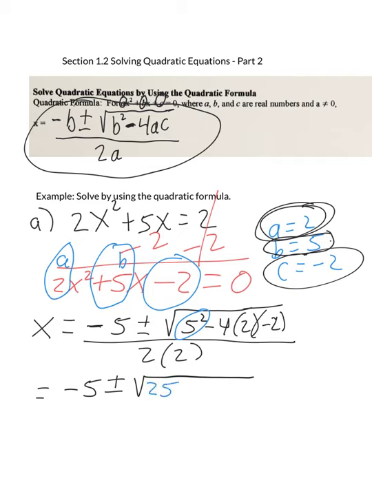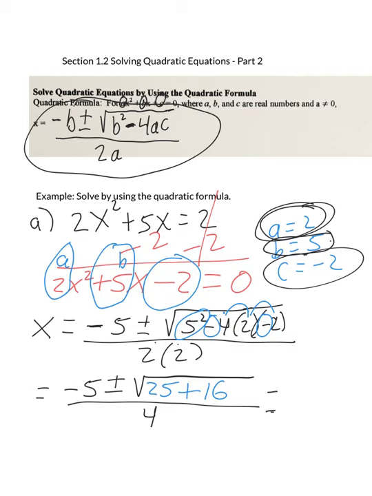Then I'm going to multiply next this glob of terms, the negative 4 times the 2 times the negative 2. What I like to do is I take care of the signs first. So I have a negative times a negative for a positive. Then I'm going to worry about the numbers. 4 times 2 is 8, times 2 is 16. All over, so bring the fraction bar down. On the bottom we had 2 times 2 for obviously 4.